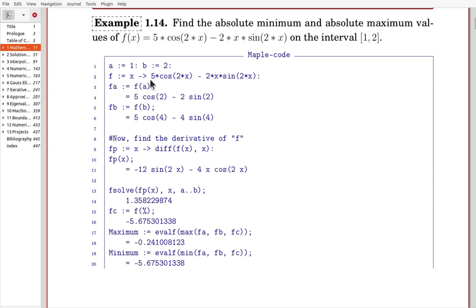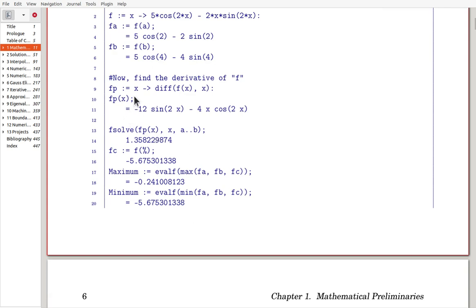Now f is defined. f of A is f evaluated at A, and f of B is f evaluated at B. Now we try to get the derivative. That is fp, and fp is given over there. For fp, we solve for x, to find the critical point. So we got that one.